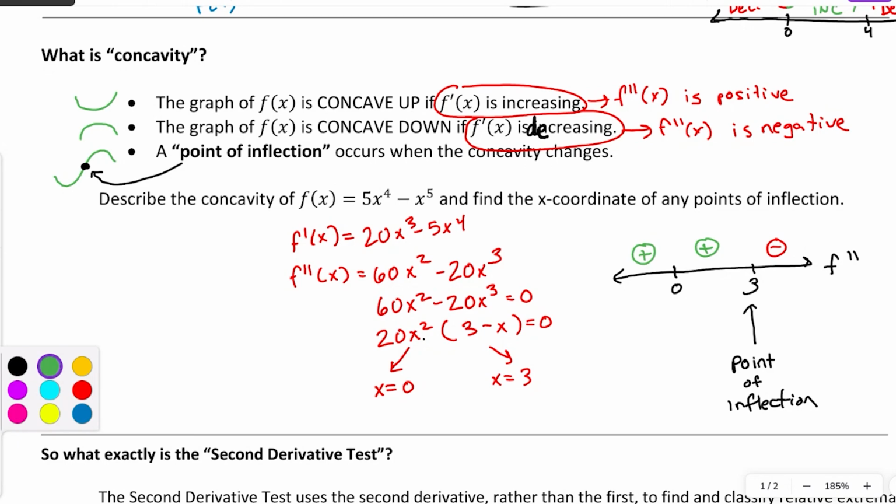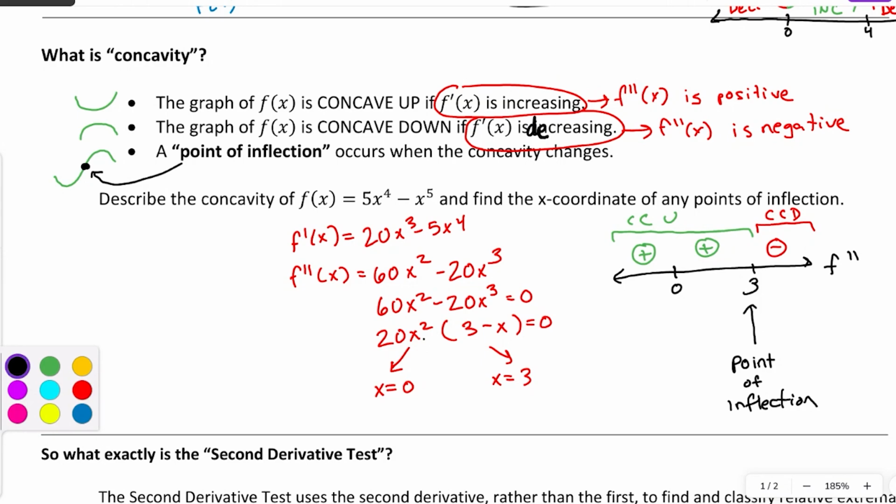So between negative infinity and 3, the graph is concave up, and between 3 and infinity, the graph is concave down. Now, with all this information between the first derivative test and the second, we haven't really defined the second derivative test, but we're kind of using it already, we can construct a pretty respectable graph of f at this point.